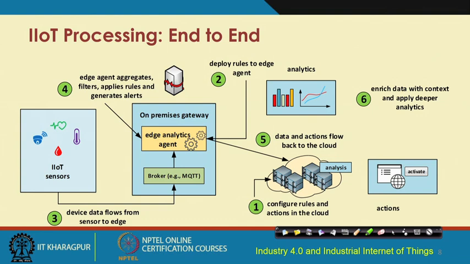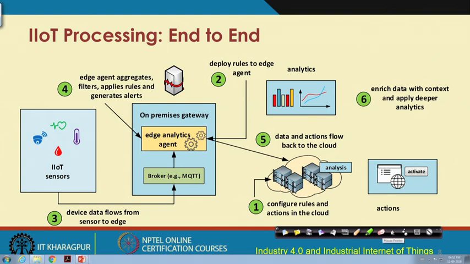So, let us look at this particular figure, and as shown over here, we are talking about different steps. Step 1 is configuring the rules and actions in the cloud. After this configuration is done at the cloud, it is required to deploy these rules at the edge.